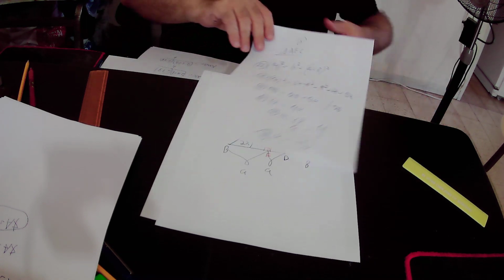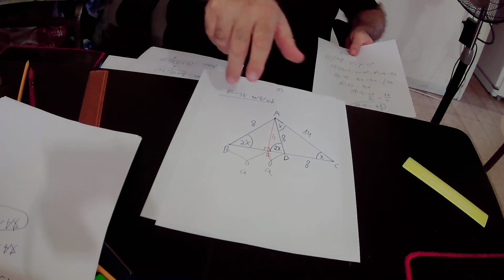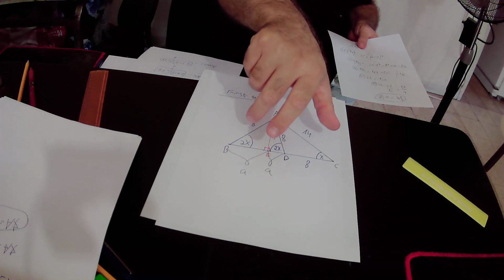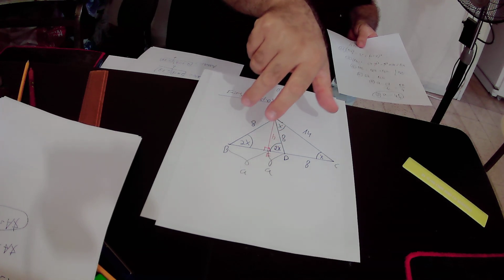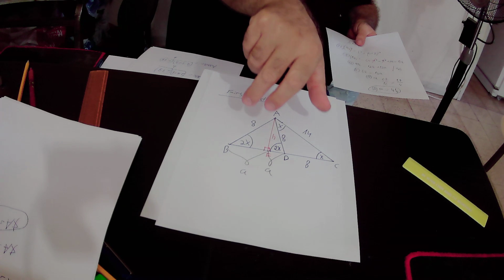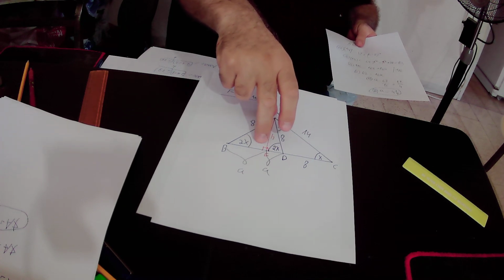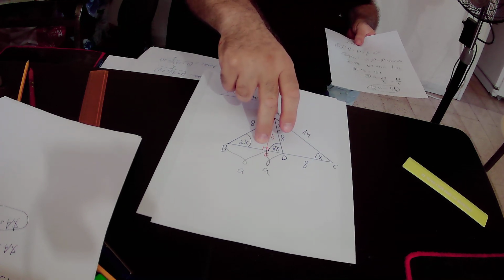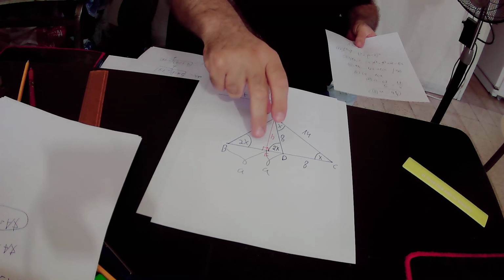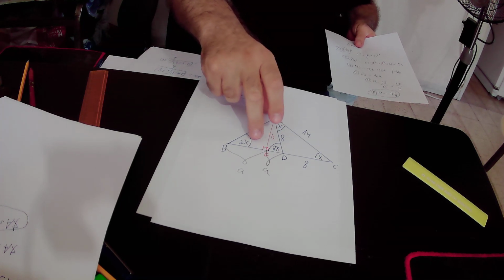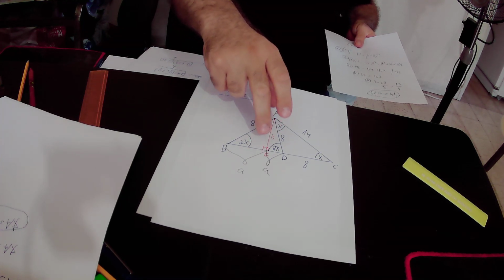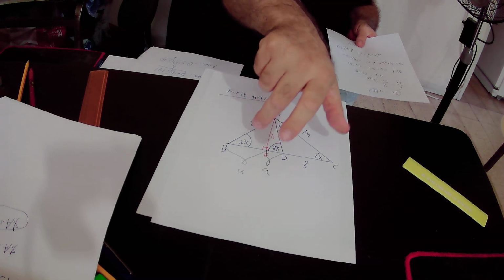So the area of triangle ABC equals the base of the triangle times the height to the base, over 2. The height creates 90 degrees with the base. So AE is the height of triangle ABC when the base is BC.